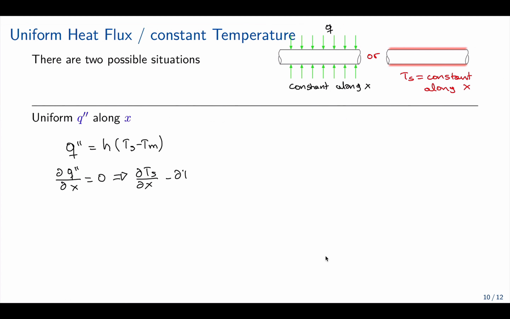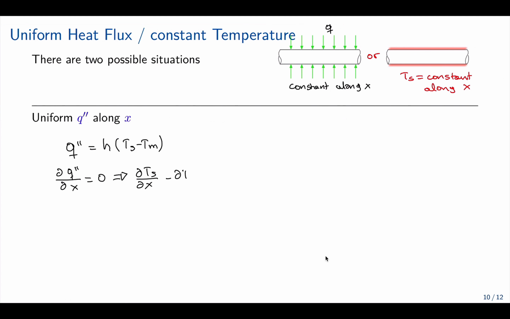So if we compare the two along the pipe, this is X, fully developed thermally, and the pipe is here. So we have one and the other.